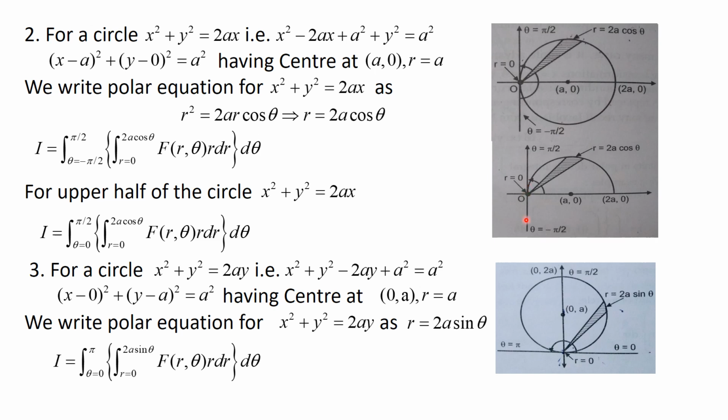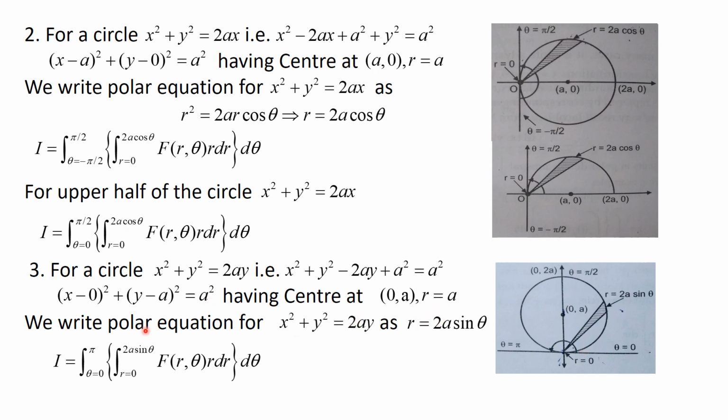Consider the next, third point, that is the circle x square plus y square equal to 2ay. Since we have the term 2ay, we will rewrite it in terms of a perfect square for y, and hence the equation turns to x minus 0 square plus y minus a square equal to a square, that is the center is 0 comma a, and the radius is equal to a.